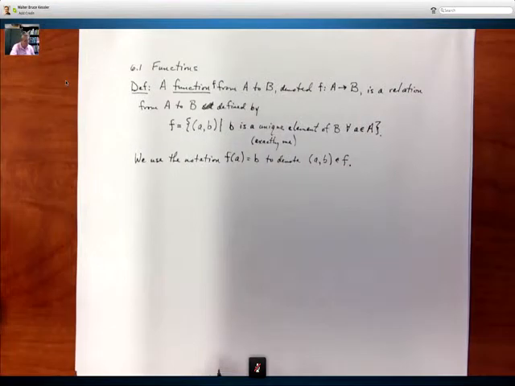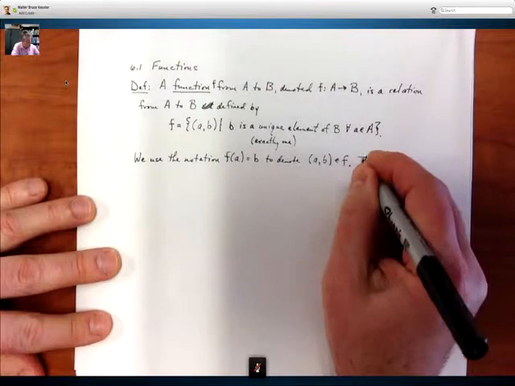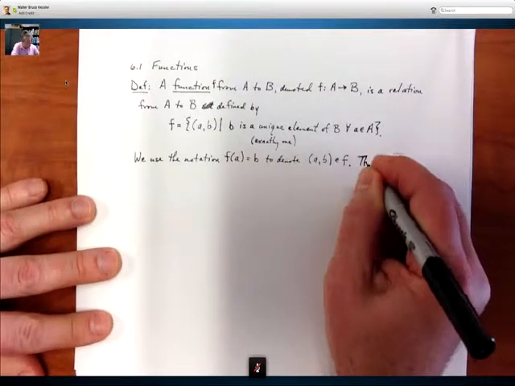Okay? Since we are using the entire set A in a function, we go ahead and call that set A the domain, which is the same usage of the word as when we're doing relations. It's just that it sometimes refers to a subset of A. Now it's going to refer to all of A.